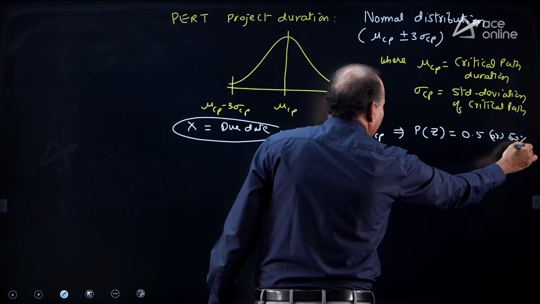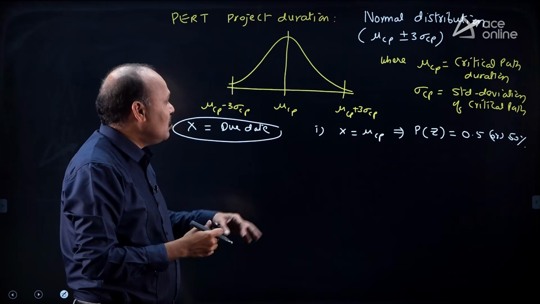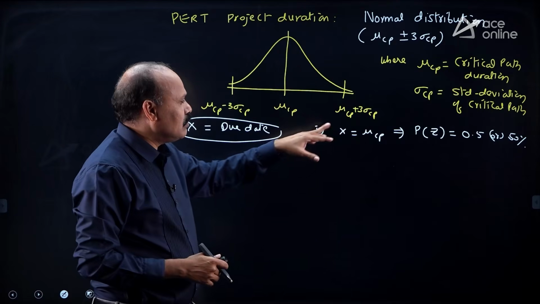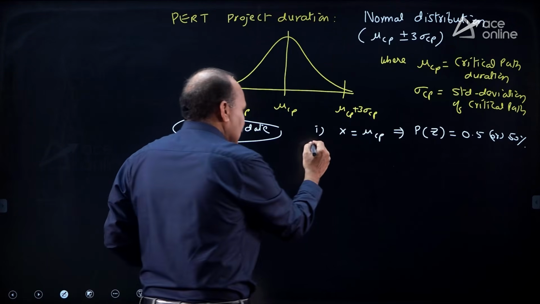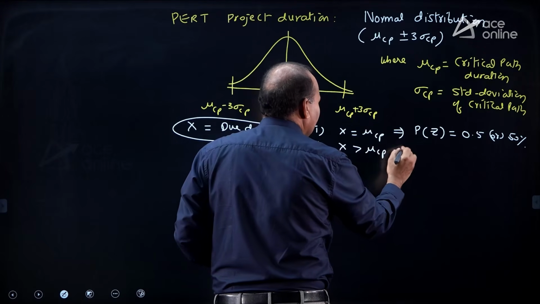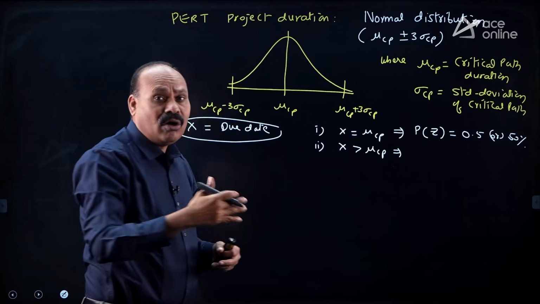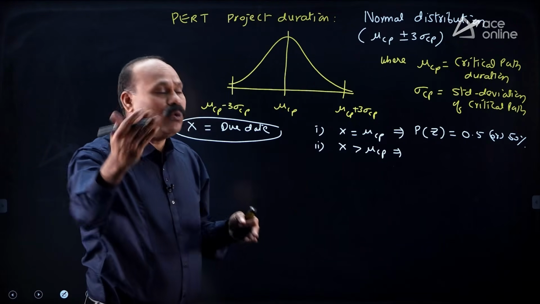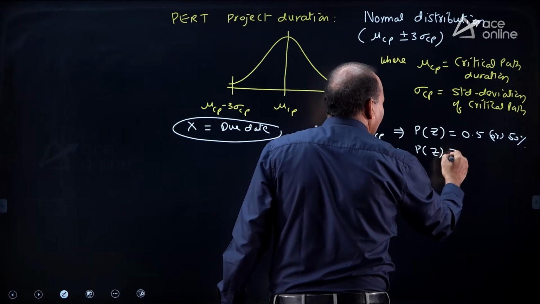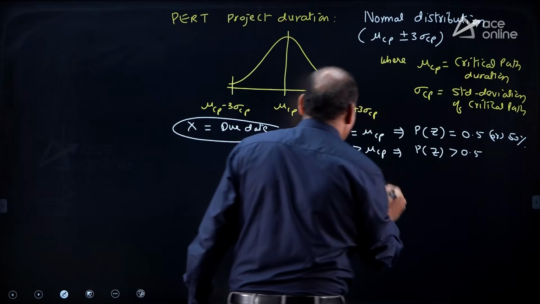What is the meaning of this? If the given due date matches the critical path duration, how much area is covered under the normal distribution? 50%. Suppose x value is greater than critical path duration, that is x is on the right side, how much area is covered? 50% above. So probability of completion is greater than 0.5.